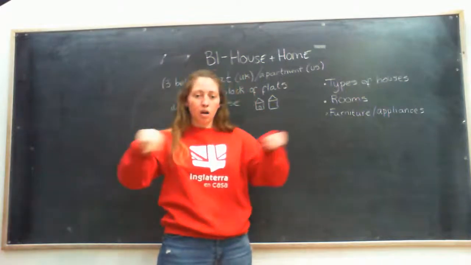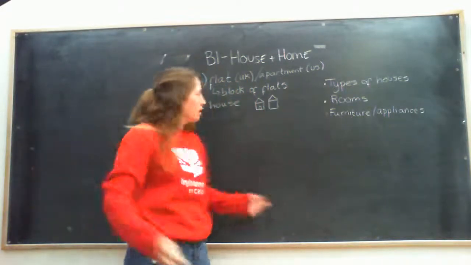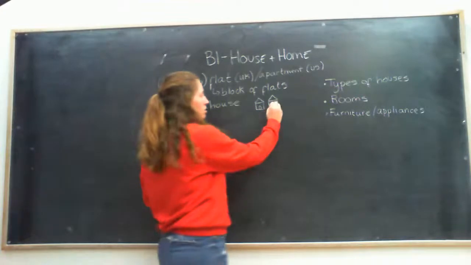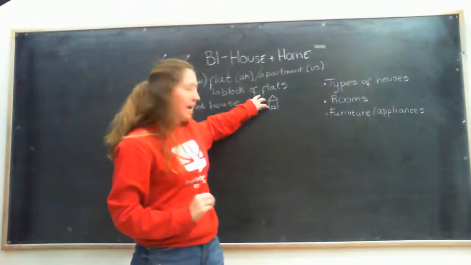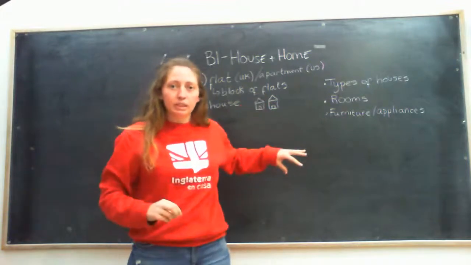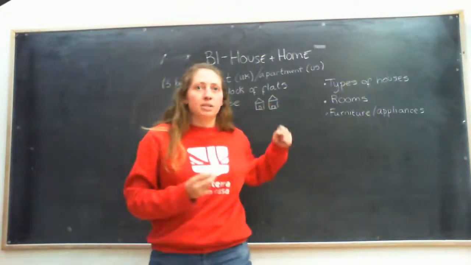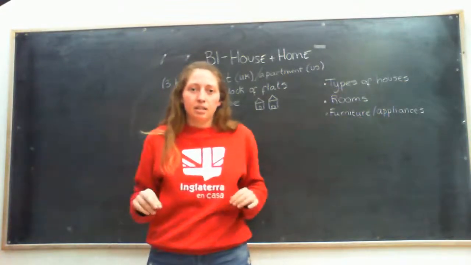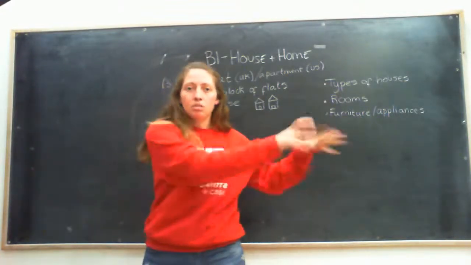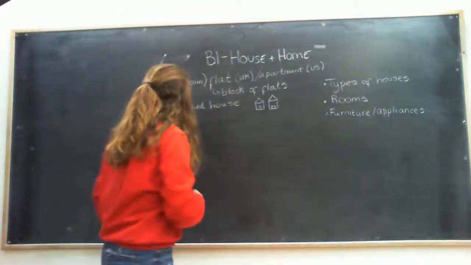The walls of a room or the walls of a house. It doesn't share any walls with the house next to it. It's detached. It's alone by itself. Okay, so you might find detached houses in England. You find them outside the city, in the neighborhoods outside the city.